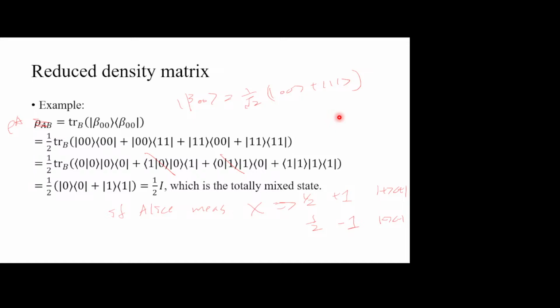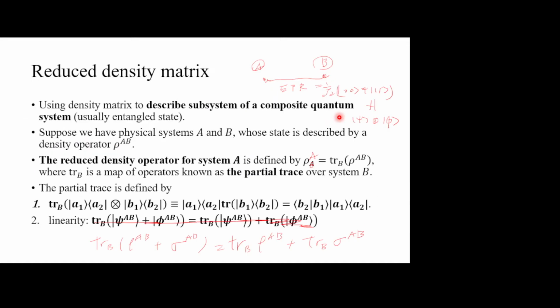So this means that A and B share some entangled state, and we just want to see what happens if Alice just does things on her part itself. Then we can just calculate the reduced density matrix to see what measurement outcomes Alice can get on her part.